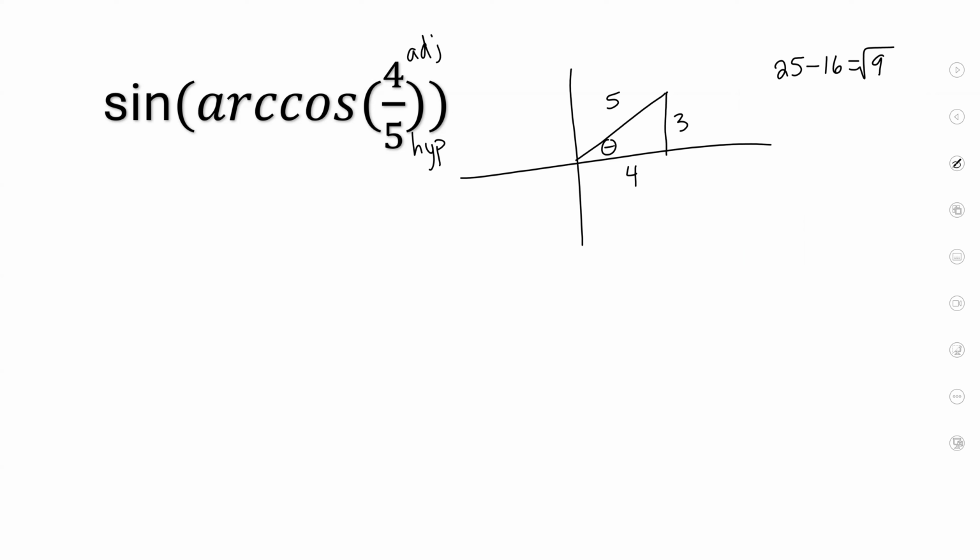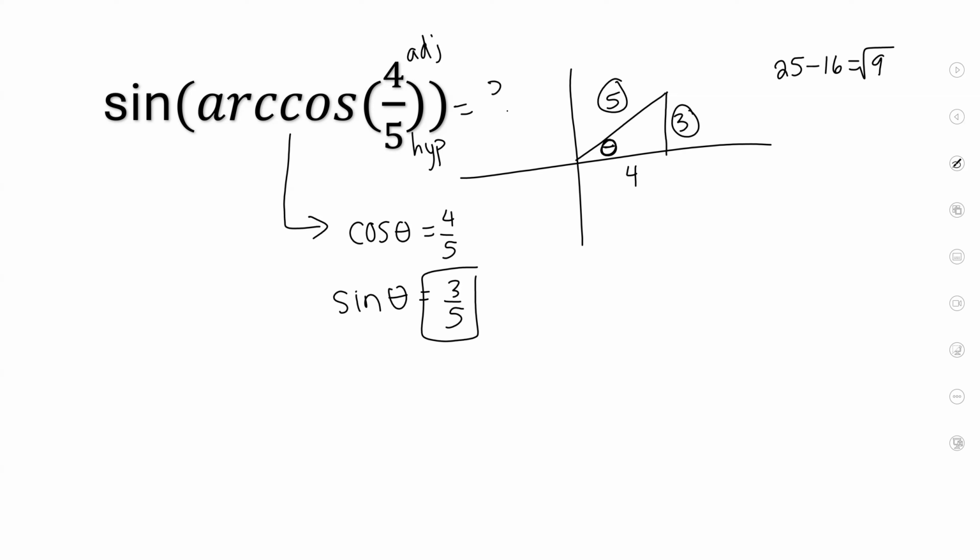So if I want the arc sine, this also means what angle would give you 4/5? Well, you have your theta here. So that's your 4/5 right there. So sine would be opposite over hypotenuse, 3/5. So your answer is 3/5.